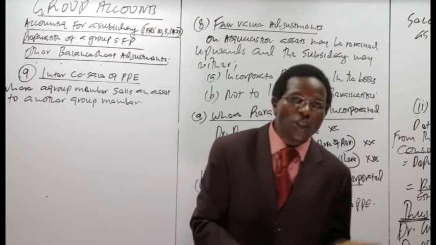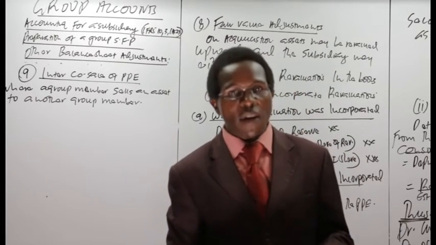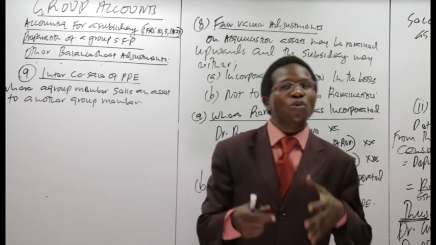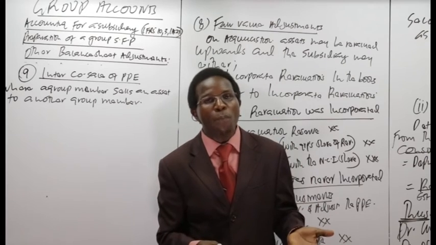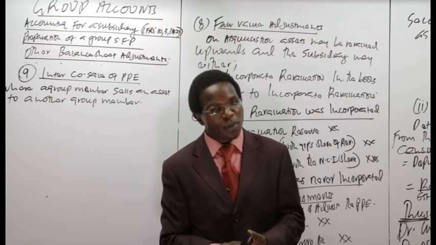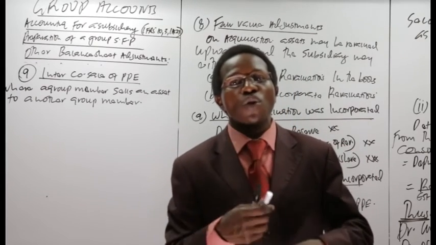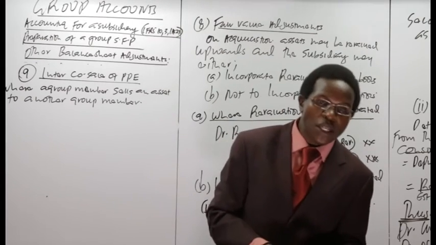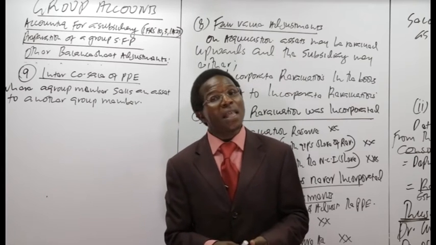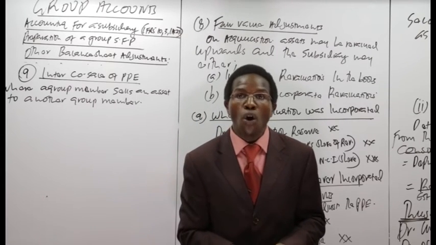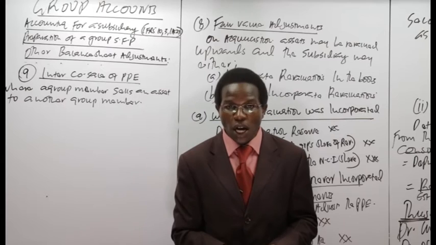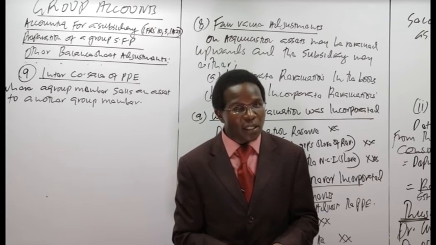If it was a loss, we need to determine that and do a reversal. If one asset was sold to another group member at a profit or loss, meaning the selling price was higher than the cost, or the selling price was lower than the cost, meaning making a loss, then there must have been either a depreciation overcharge or a depreciation undercharge, and that needs to be corrected.